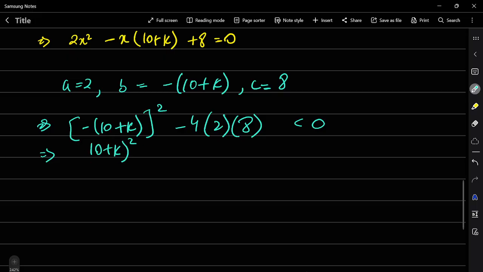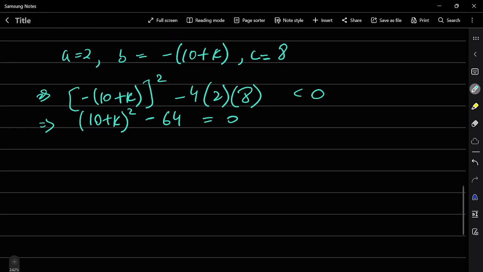The minus sign is going to be omitted. 4 2s are 8, 64 is less than 0. For simplicity's sake, I'm going to be just replacing the sign by equals to. So here I have 100 plus 20k plus k squared minus 64 equals 0.